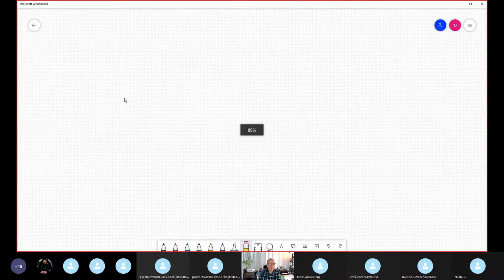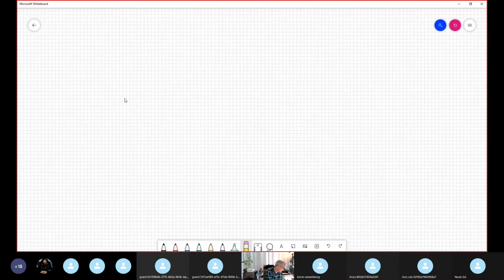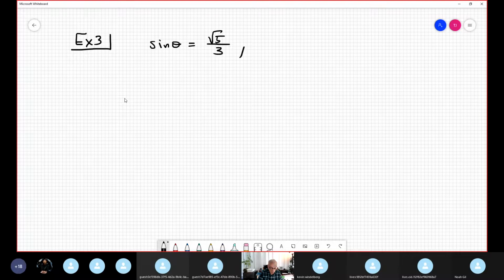I want to erase the board. Let's do a couple of problems. Suppose now I want to complicate your life. Example 3. In example 3, one trigonometric function is given: sine theta is equal to radical 5 over 3, and cosine theta is equal to 2/3.